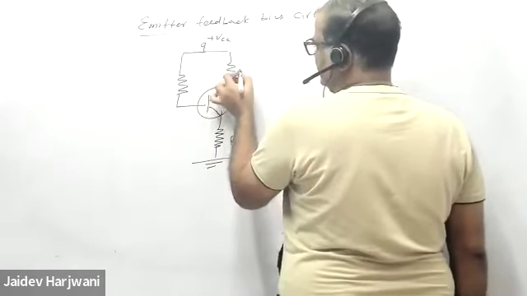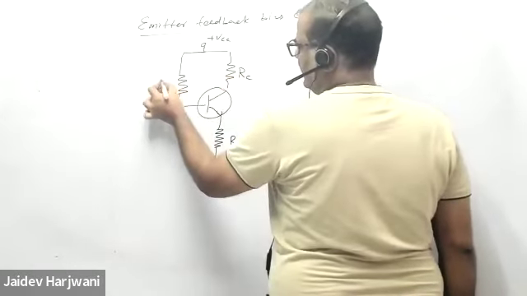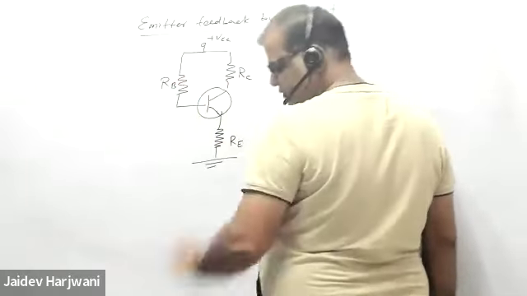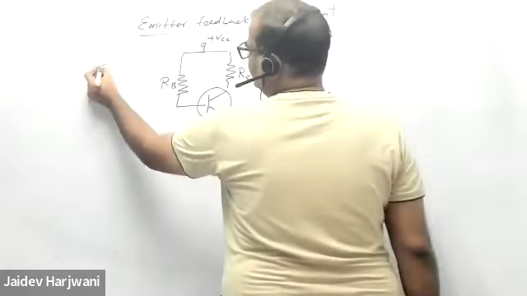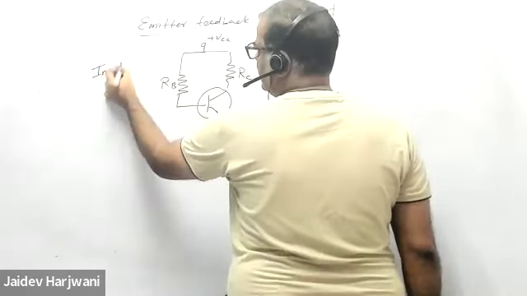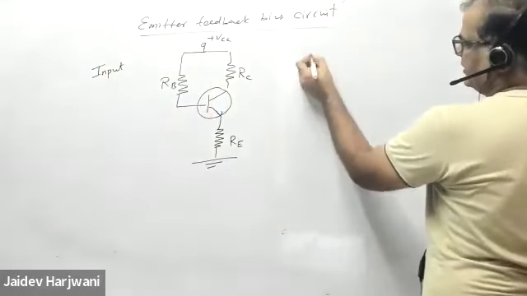So you have RC, you have RB, and you have RE. Okay, this is the input side, and this is your output side.